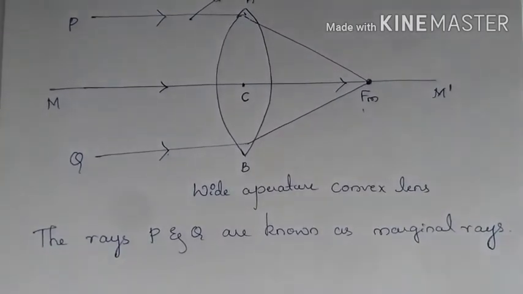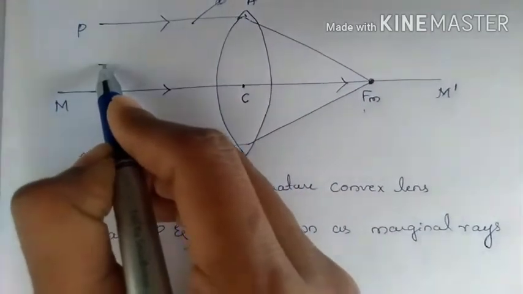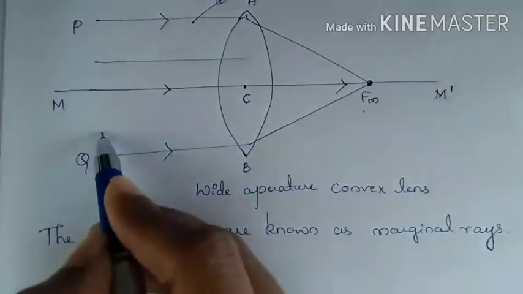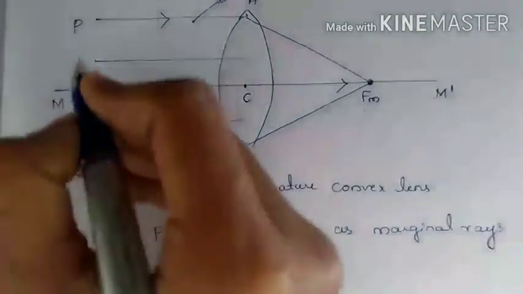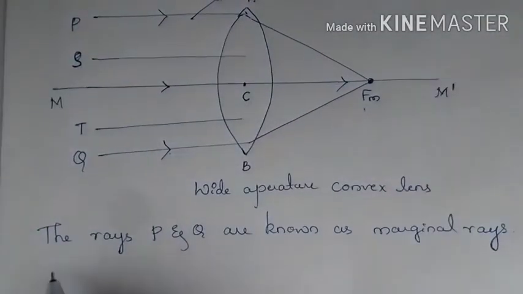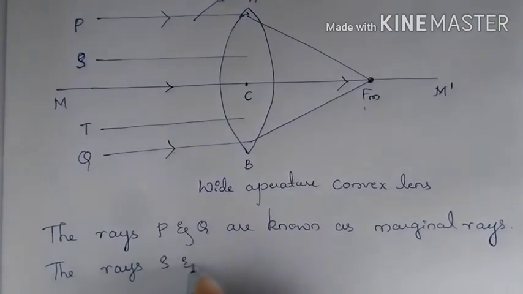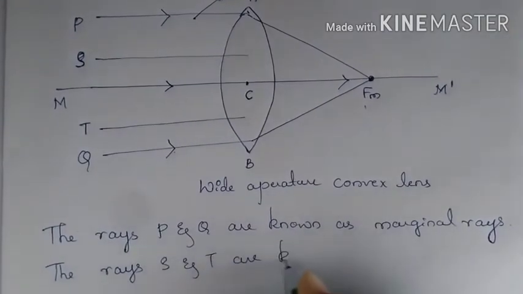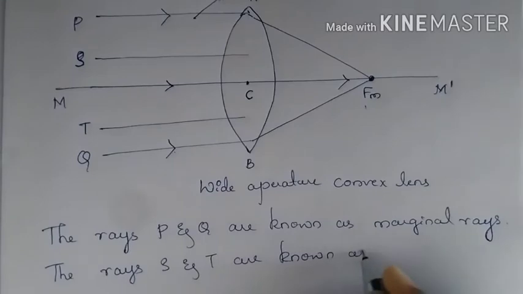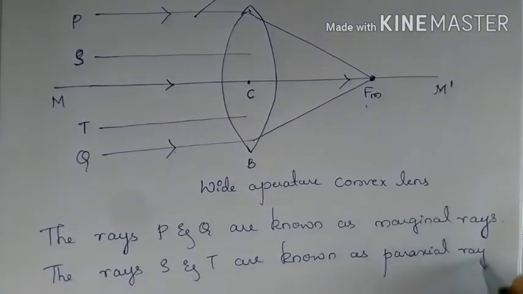Now there are again two more rays which are known as paraxial rays. Let these rays be S and T. The rays S and T are known as paraxial rays.